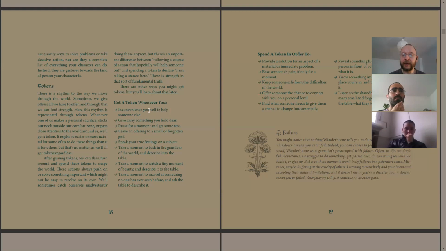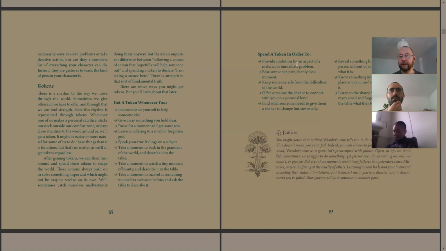So here, this is setting a desire. If I inconvenience myself, or if I give away something I hold dear, I get back value. I get tokens. And then, of course, why you would get those tokens is related to how you can spend them, because they become a power.